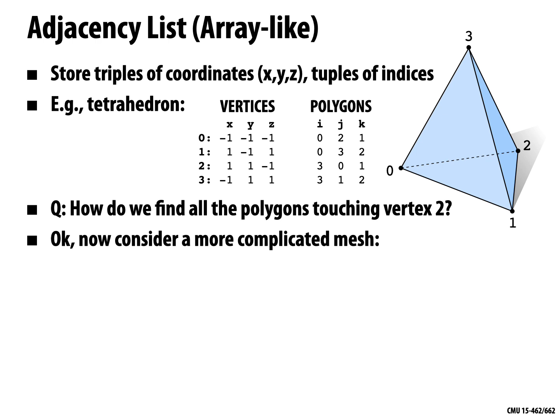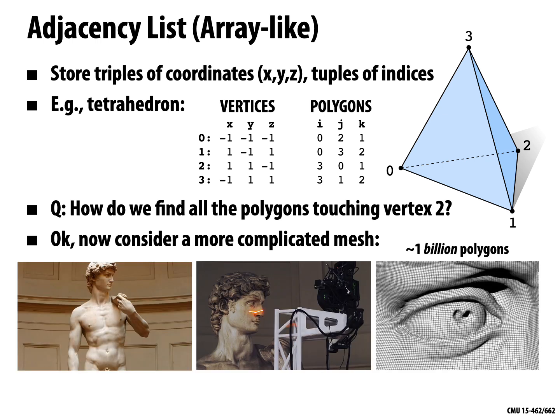Okay, now consider a more complicated mesh, not just a little tetrahedron, but let's say a scanned statue of Michelangelo's David. So this mesh has about 1 billion polygons in it. Okay, and now I, again, would like you to find all the polygons touching vertex 2.